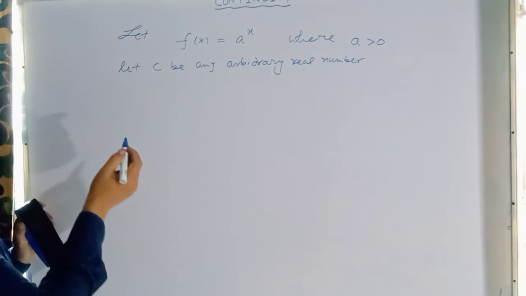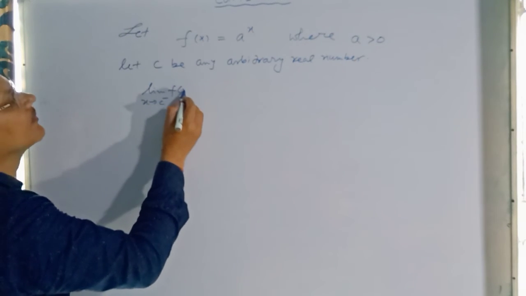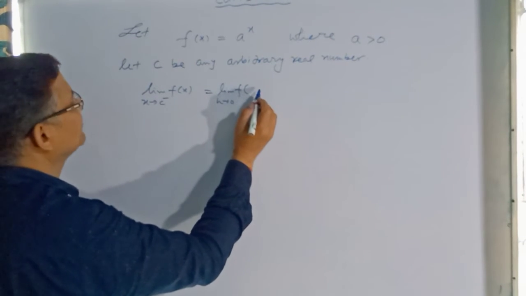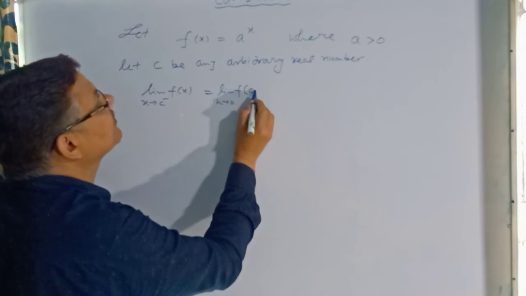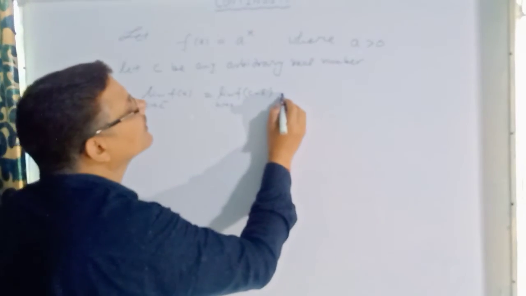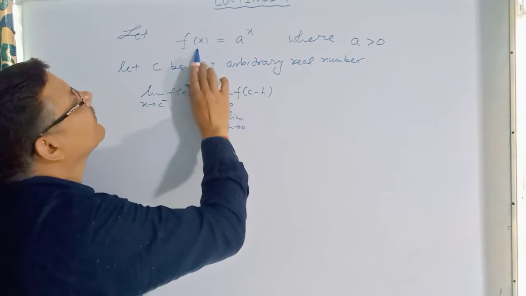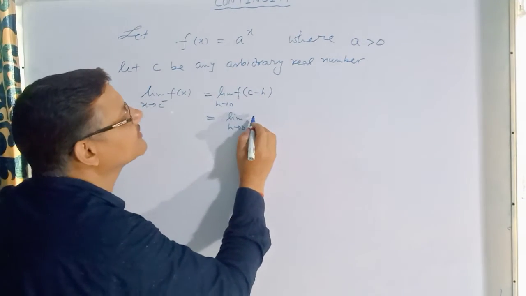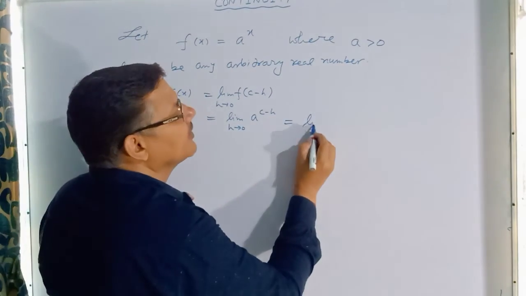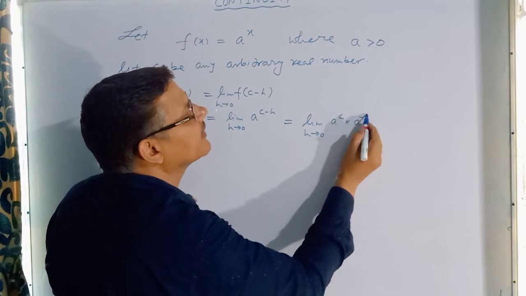Again we get the left hand limit and right hand limit. The limit as x tends to c from the left is equal to the limit as h tends to 0 of f(c − h), the point minus h. If f(x) equals a to the power x, then f(c − h) equals a to the power c − h. It may be written as the limit as h tends to 0 of a^c times a^(−h).